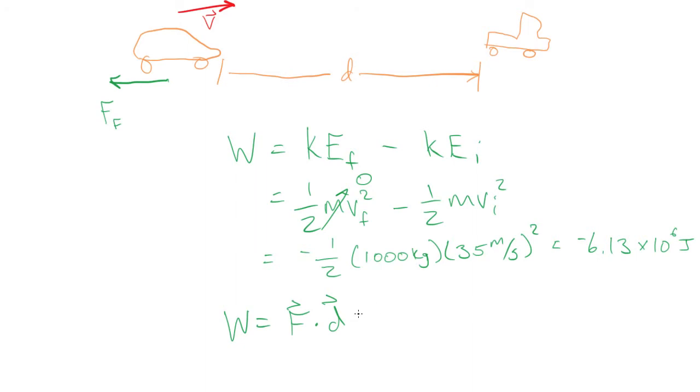That's the magnitude of the force times the magnitude of the displacement times cosine of the angle between them. The angle between the force and the displacement is 180 degrees, so this is actually a -1. So the work done is going to be equal to the negative of the force times the distance.